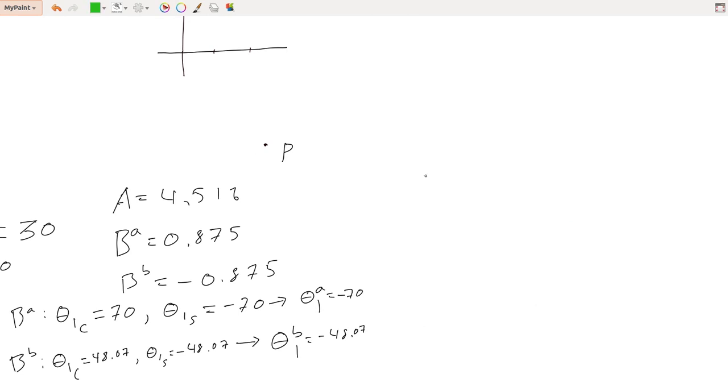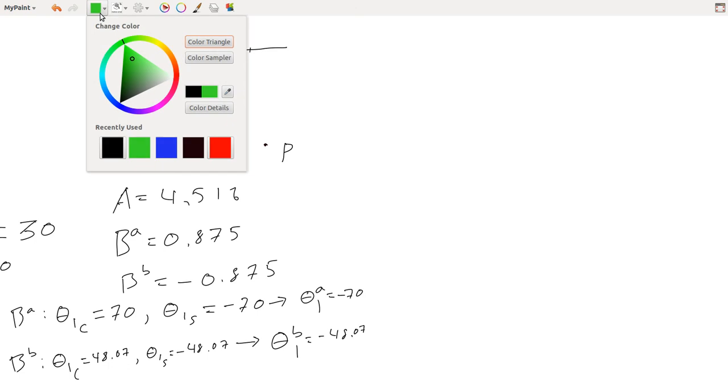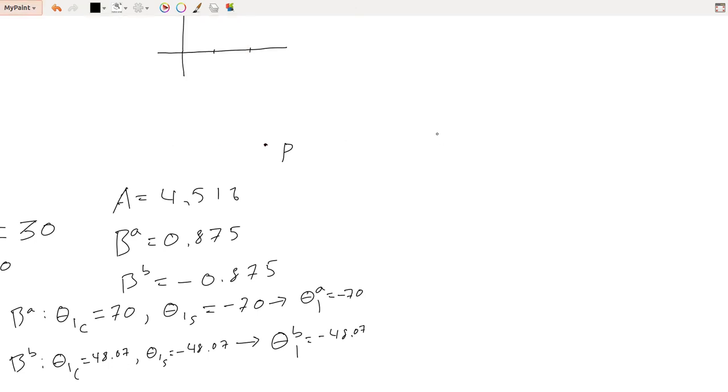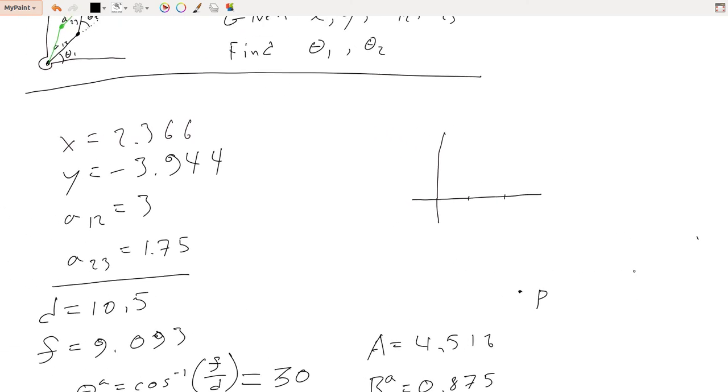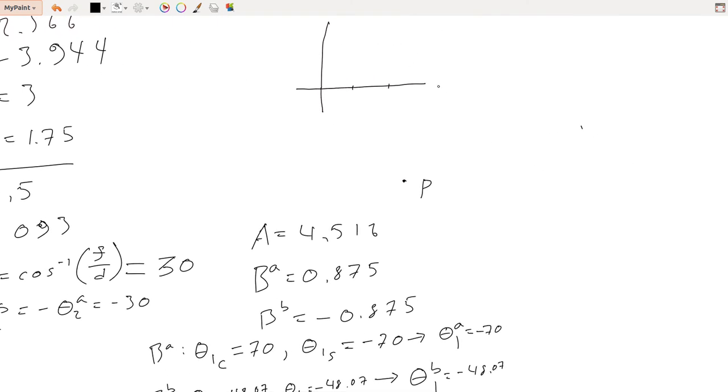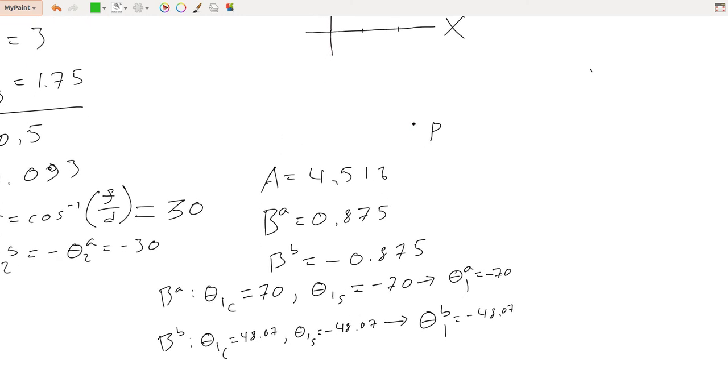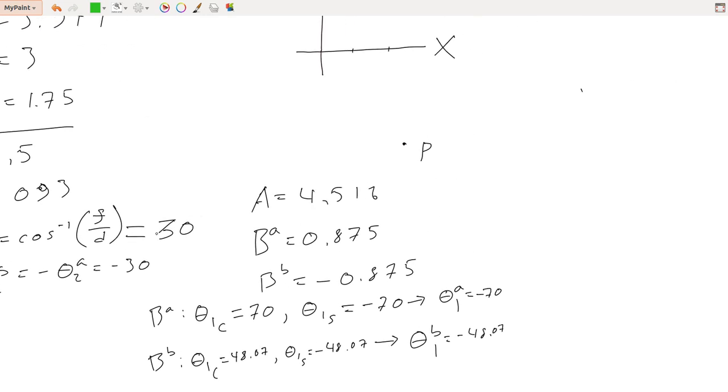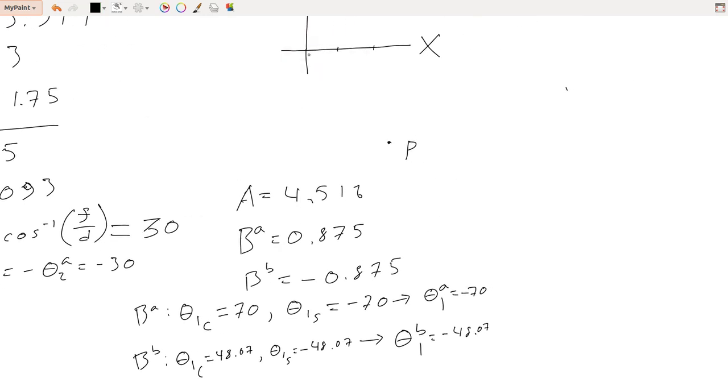Okay, let me draw that. I'll go back up to our original drawing. Here's the x-axis and the y-axis, and here's the point P. For the first case, theta 1a is minus 70 and theta 2a is 30.